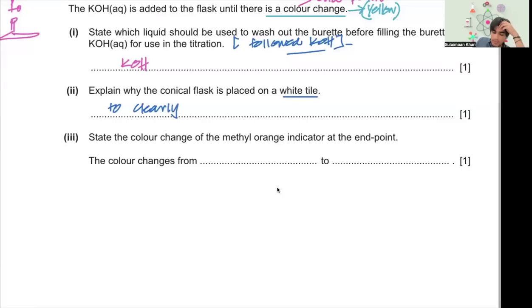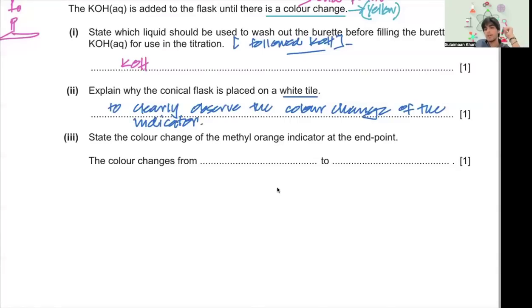To clearly observe the color change of the indicator. Please realize that even if you write to accurately observe the endpoint, everything is acceptable, as long as the spirit of the answer remains the same.